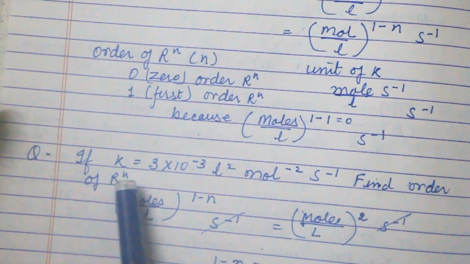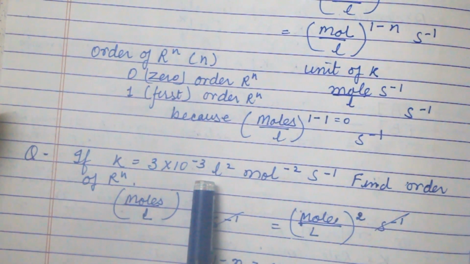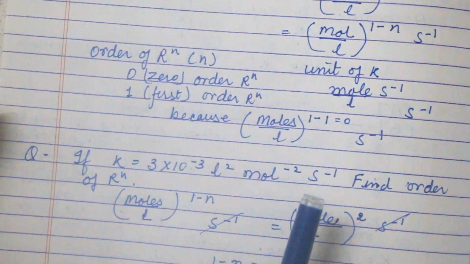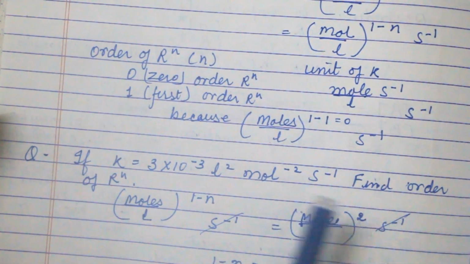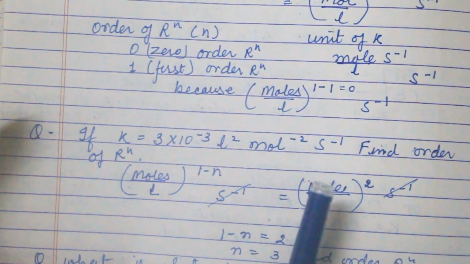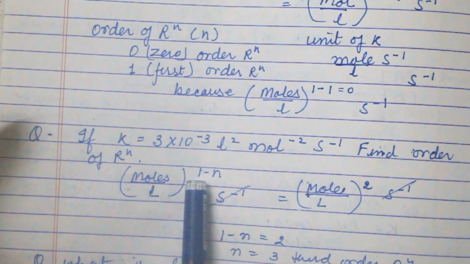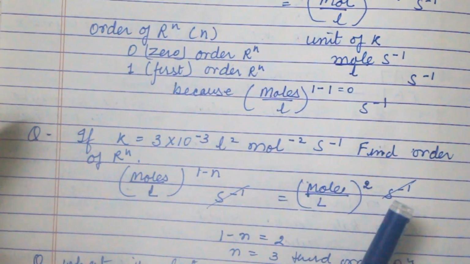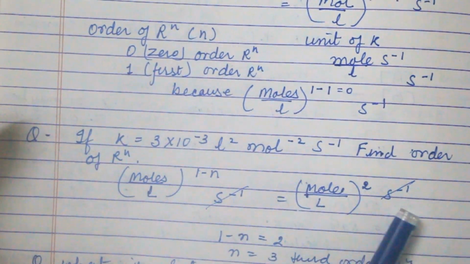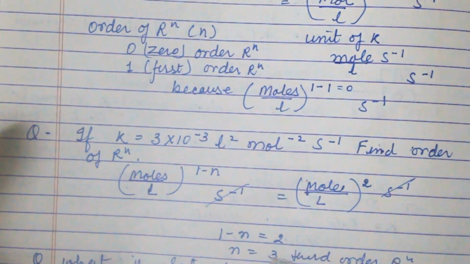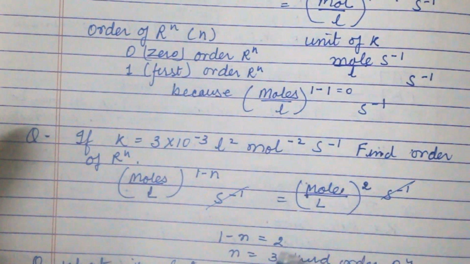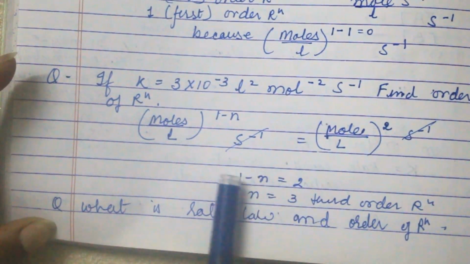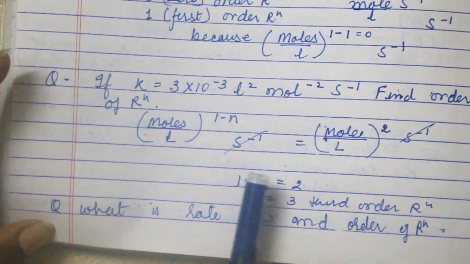If K is equal to 3 into 10 to the power minus 3 liter square per mole square per second, find the order of reaction. Comparing mole per liter to the power 1 minus n per second with mole per liter to the power minus 2 per second, per second gets cancelled, and we take 1 minus n equal to minus 2, so this is a third order reaction. In this way we find the order from K.